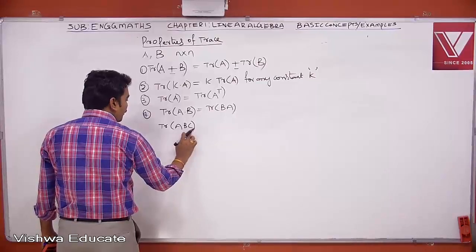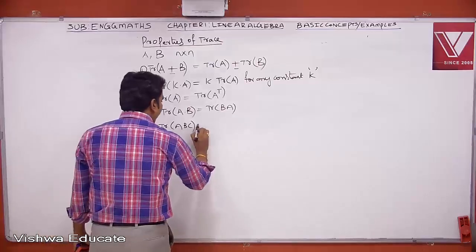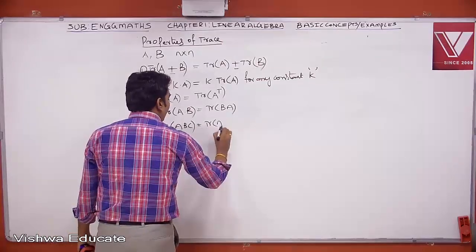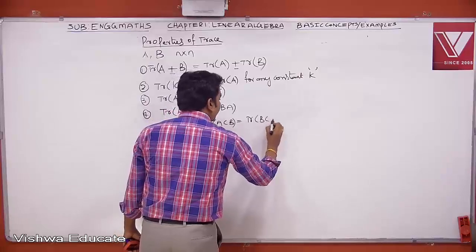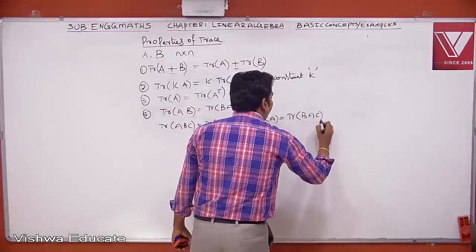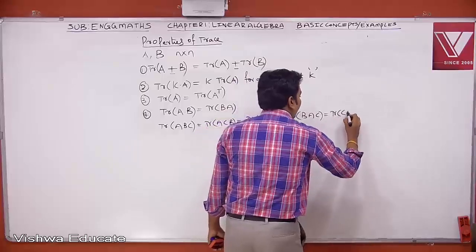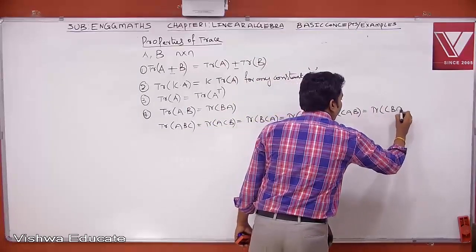I will get a new n cross n matrix, so that I can discuss the trace of this matrix. So trace of ABC equals trace of ACB, which is the same as trace of BCA, the same as trace of BAC, the same as trace of CAB, and the same as trace of CBA.